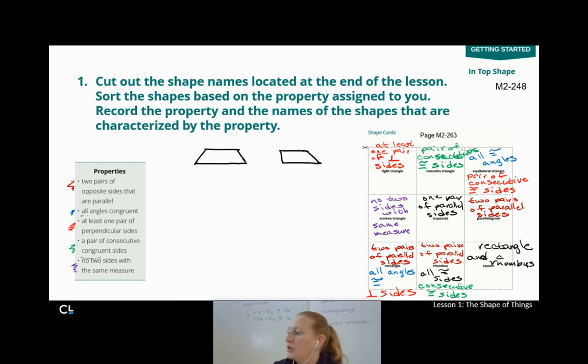A square has four congruent sides. A square has four right angles. A square's got like everything. So the opposite sides are parallel. We have the consecutive sides are perpendicular. All the angles are congruent. Everything happens with squares. Squares get crazy.